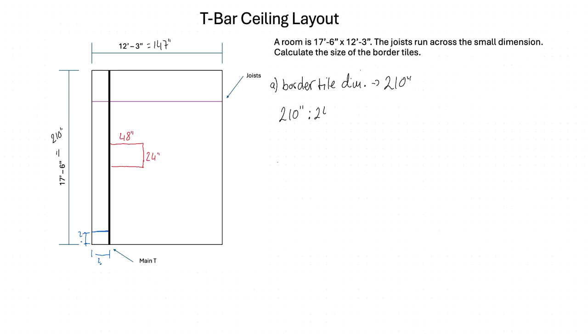That will tell us how many panels we're going to be able to put in there. So 210 divided by 24, always pull out your calculator for these kinds of videos so you can do it as well. And that gets us to 8.75. Now that's 8.75 tiles.